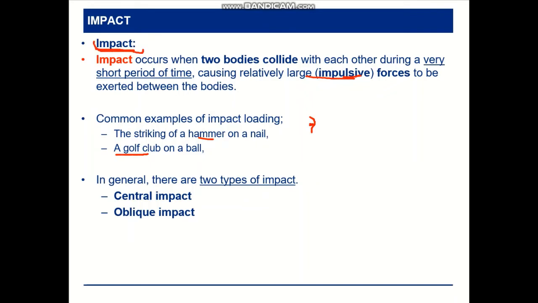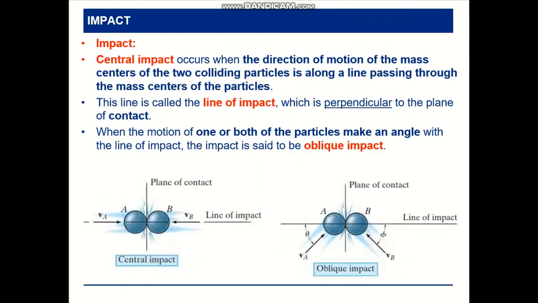In general, there are two types of impact. One is central impact and the other is oblique impact. Let's go through these two. Central impact occurs when the direction of motion of the mass centers of the two colliding particles is along a line passing through the mass centers of the particles, as shown in this figure.